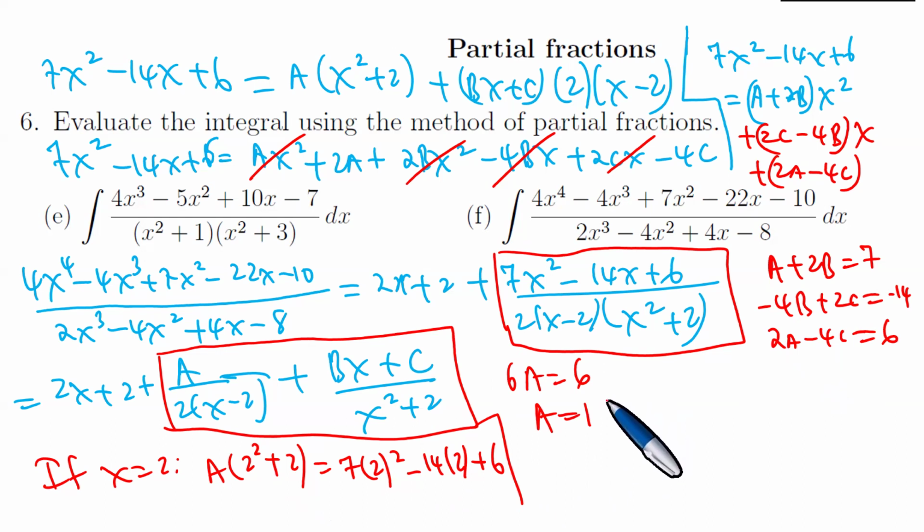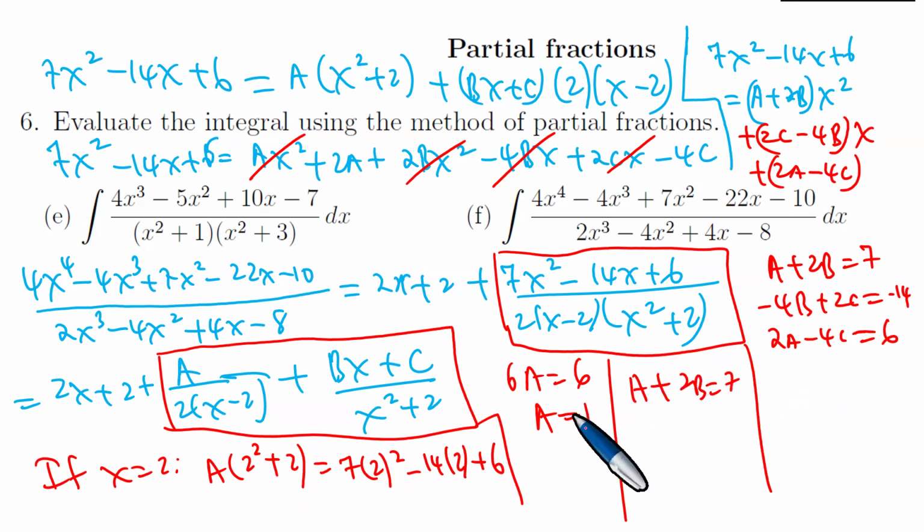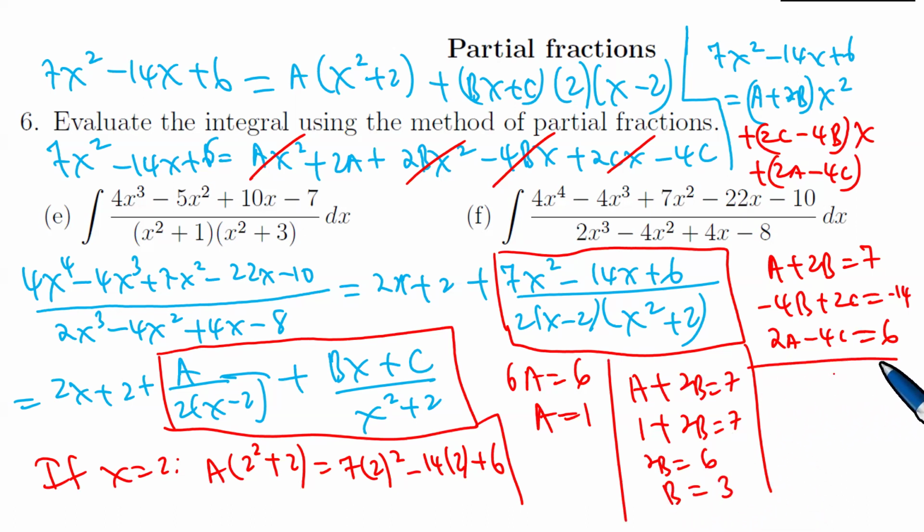Think with me, please. If A is 1, then we come here. A together with 2B equals 7. A is 1, so 1 plus 2B is 7. 2B is 6. B is 3.